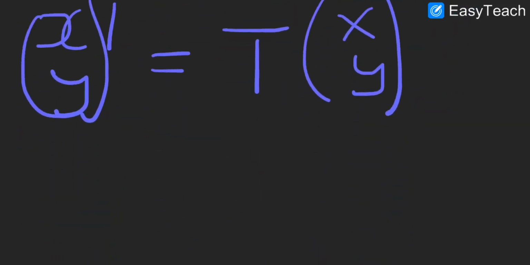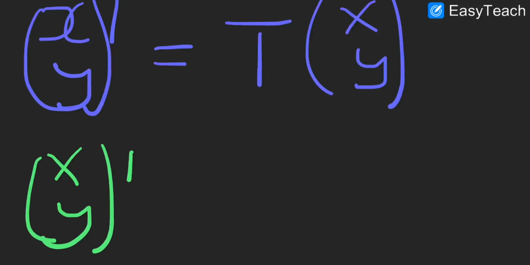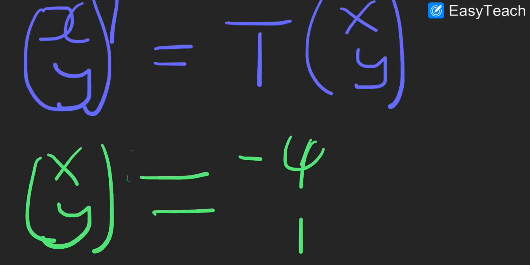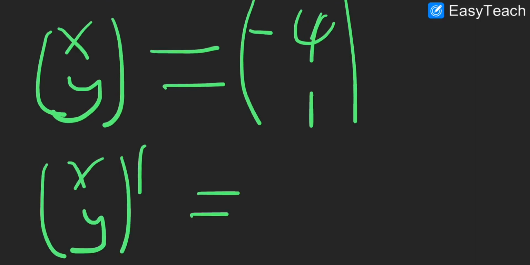So our x, y point, not image, will equal negative 4, 1, and our x, y image will equal 6, 3.